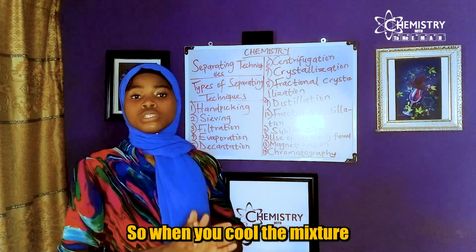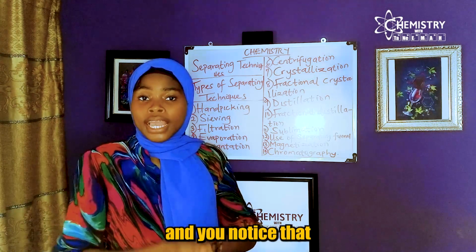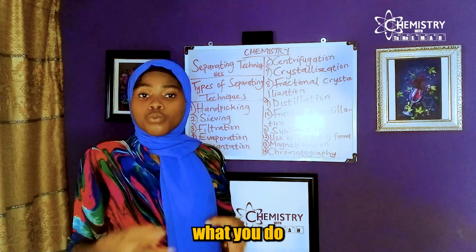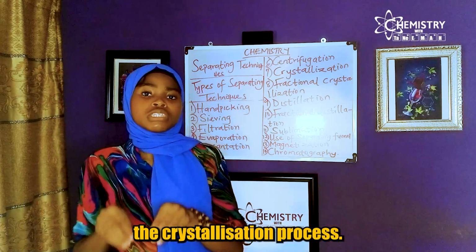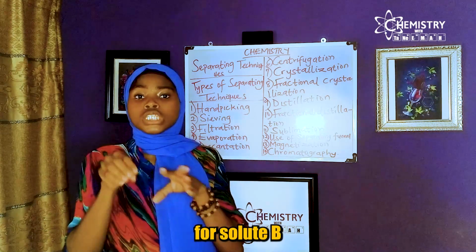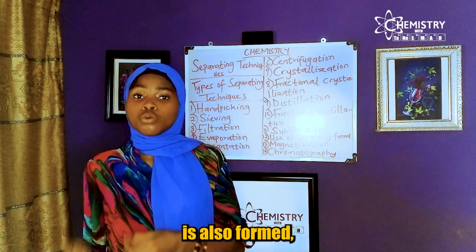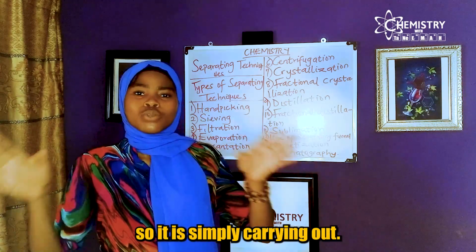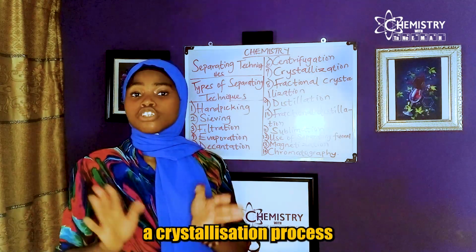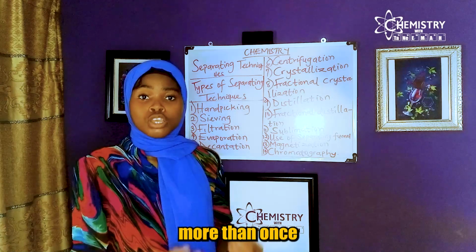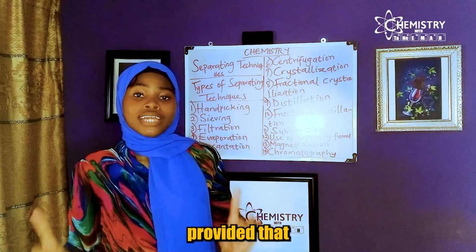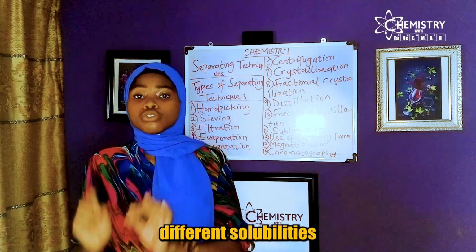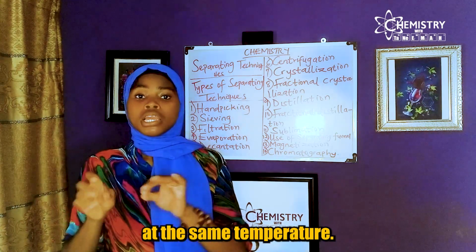So when you cool the mixture to temperature A and you notice that solute A is formed, what you do is filter out solute A from the solution, then you repeat the crystallization process for solute B until solute B is also formed, then you filter it out. So it is simply carrying out the crystallization process more than once to get different solutes from a solution, provided that the solutes have different solubilities at the same temperature.